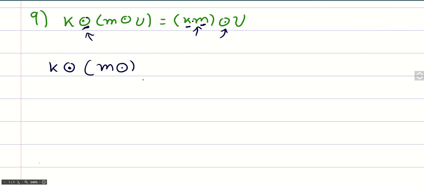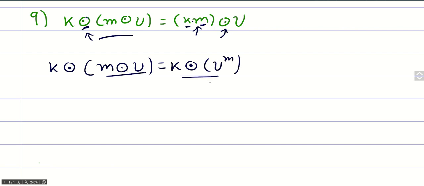Okay, so let's see what is the left hand side of this equality here. So k times, let's expand this expression here. We know that this is going to be u to the power of m, and then this again. So this is going to be u to the power of m to the power k. And we know that power of powers corresponds to the multiplication of the exponents. That means u to the km, the usual multiplication here.